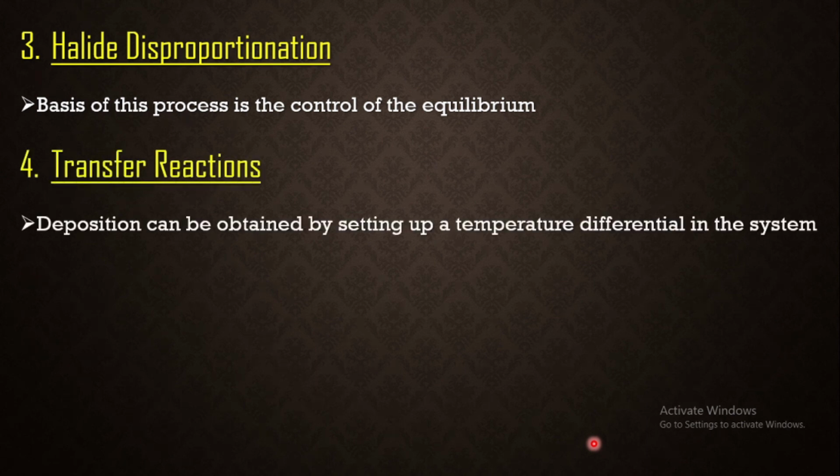The fourth one is transfer reactions. Deposition can be obtained in a heterogeneous chemical reaction system at equilibrium by setting up a temperature differential in the system to disturb the equilibrium. So this is the point to be remembered in transfer reactions: mainly the temperature differential.